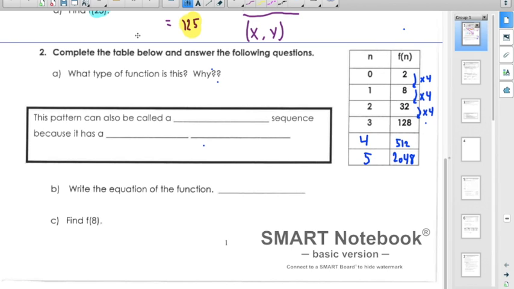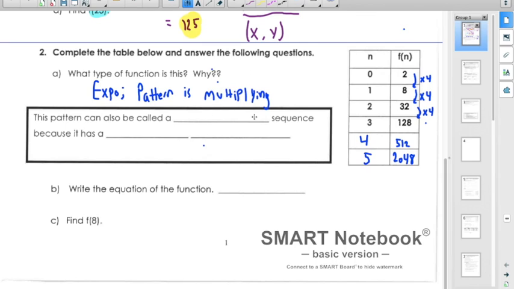So what type of function is this? This is an exponential function. Why is it exponential? It's multiplying. The pattern is multiplying. Right?